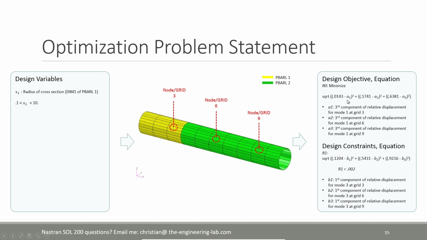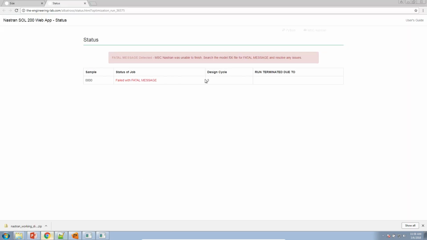We want to minimize the error between the experimental results and the finite element solution. We also want to make sure that the error is within a tolerance of 0.002 for mode 3. So now let's go ahead and take a look at the results.